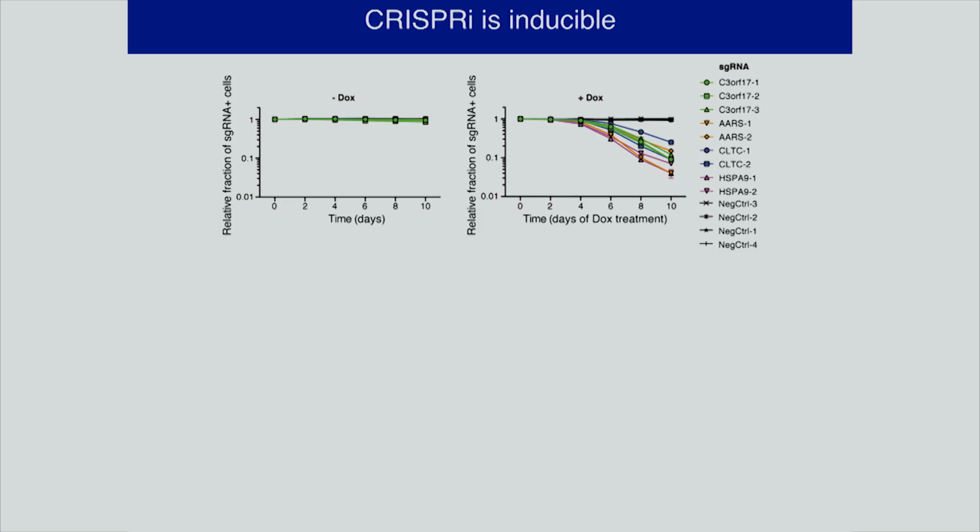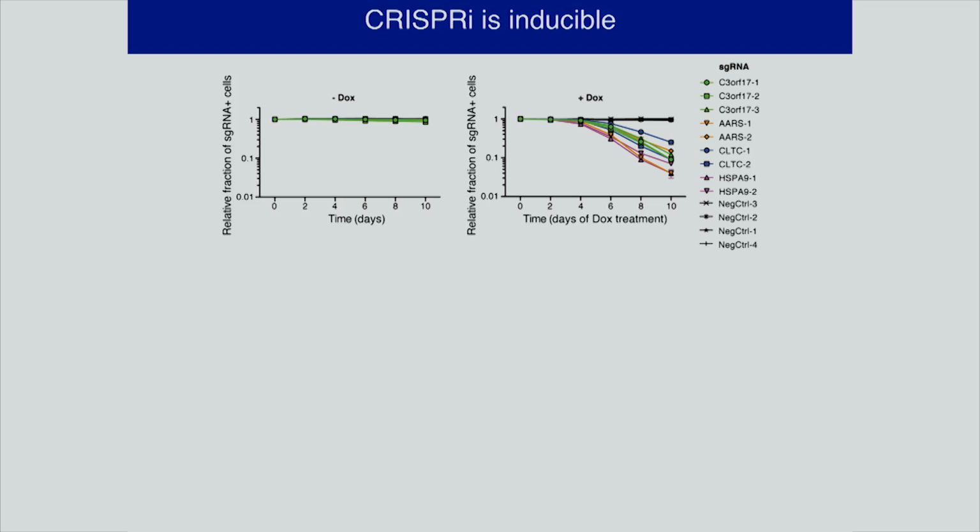And one final point on CRISPR-I is that it's nicely inducible. So we have the Cas9 under DOX induction. When it's not induced, and you're targeting essential genes again, you get no depletion. But if you add DOX and start knocking down essential genes, you very rapidly lose these cells from the population.